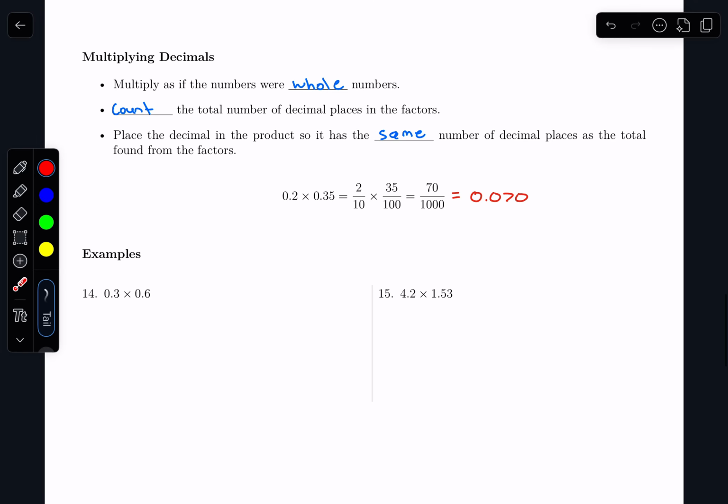All right, so let's see that for number 14. Number 14, we have 0.3 times 0.6. So I'm going to multiply just the actual digits. Okay, 3 times 6 in this place. So I'm going to write the whole thing out. 0.3 times 0.6. But I'm just going to pretend that decimal place is not there in either number.